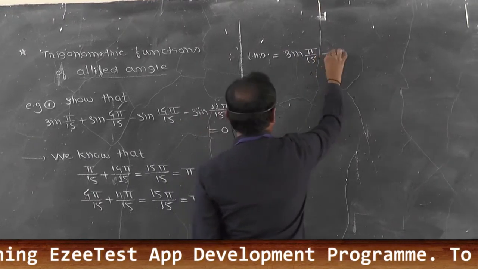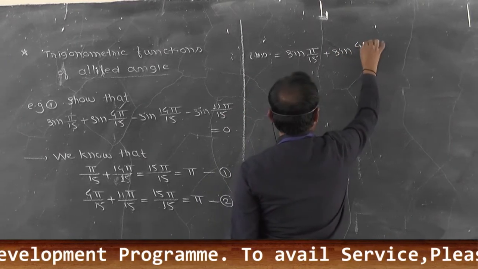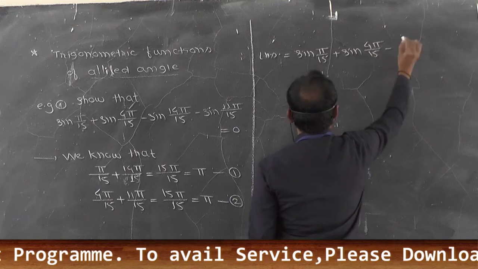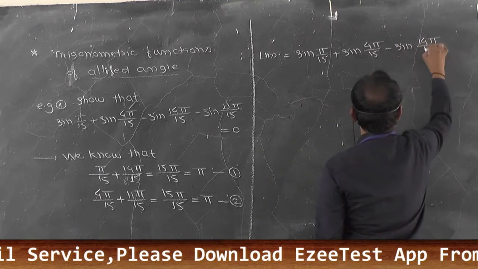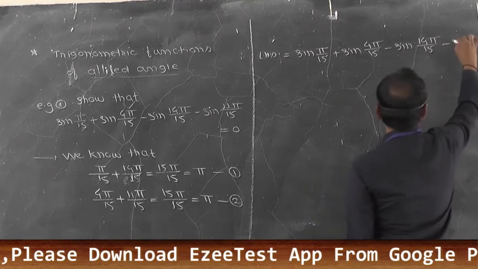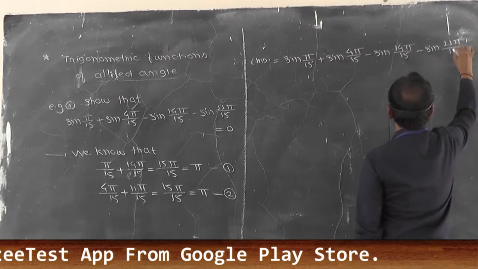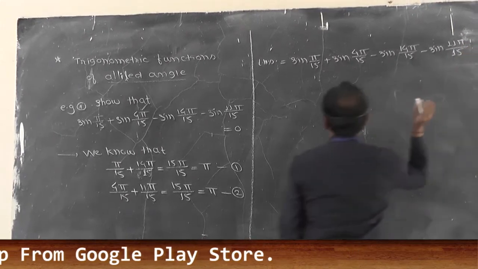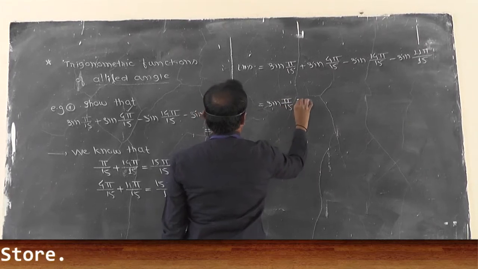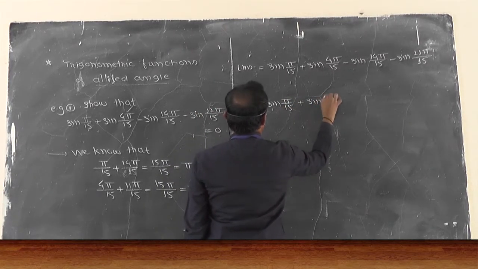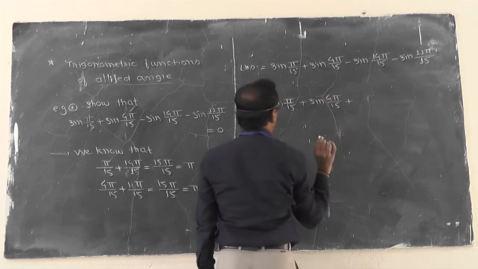LHS, it is sine of pi by 15 plus sine of 4 pi by 15 minus sine of 14 pi by 15 minus sine of 11 pi by 15. Just proceed here. Sine of pi by 15 plus sine 4 pi by 15.